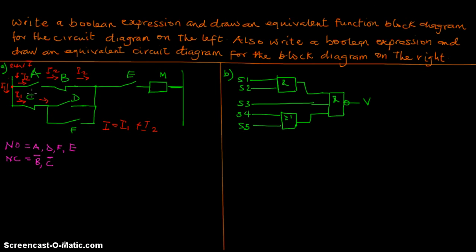And we have I1 flowing here, but I1 splits and moves down here. So we have here I3, and we have here I4.